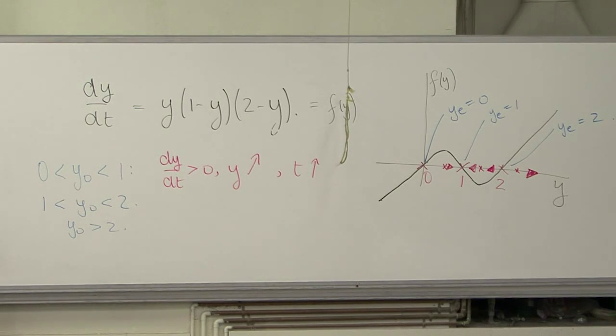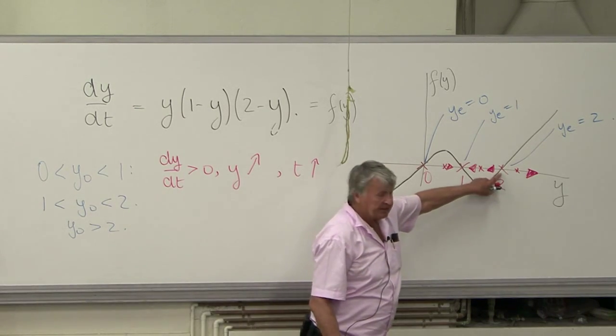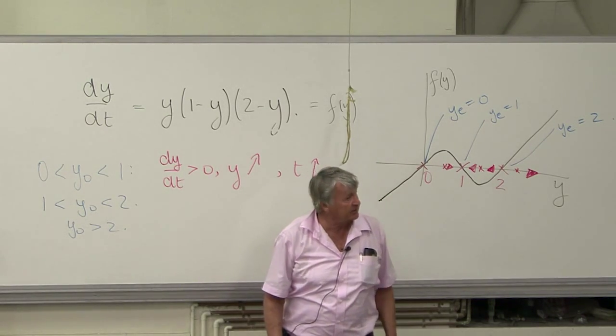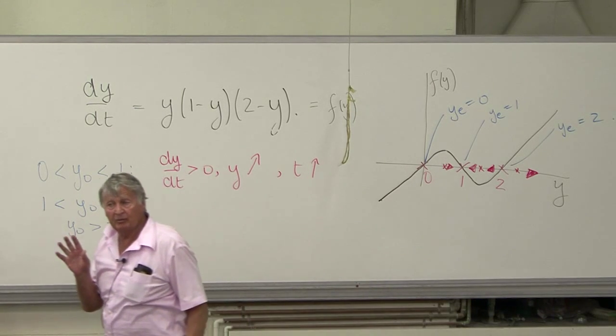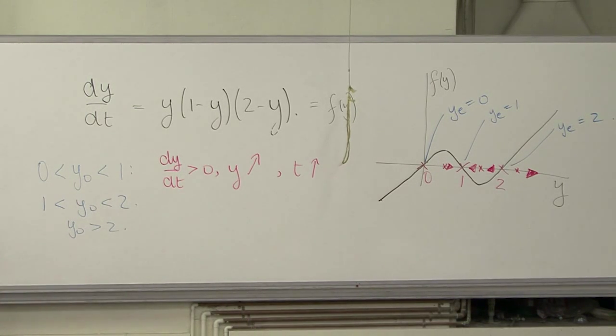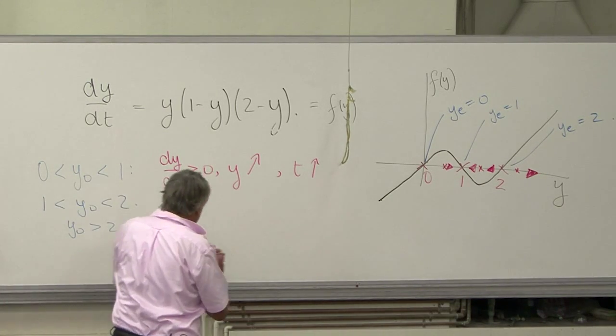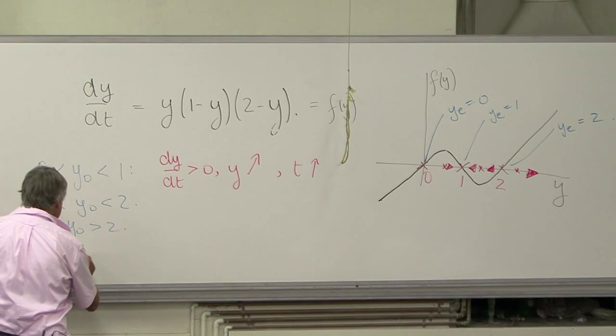Infinity. In fact, you're going to get there in finite time. We'll see that from the exact solution. Okay? But this point here at equilibrium, is that a stable or unstable equilibrium? Unstable. Okay? Finally, supposing I start off y0 less than 0.